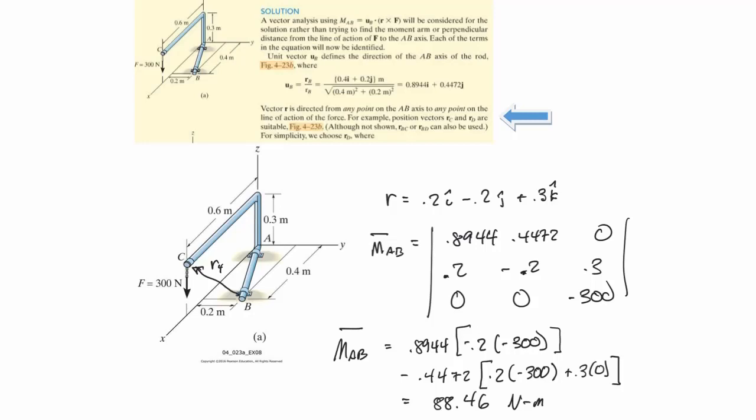The process would be 0.8944 times negative 0.2 times negative 300 minus 0.3 times 0, which is 0, minus 0.4472 times 0.2 times negative 300 minus 0.3 times 0, and then this product is going to be 0 because of that.